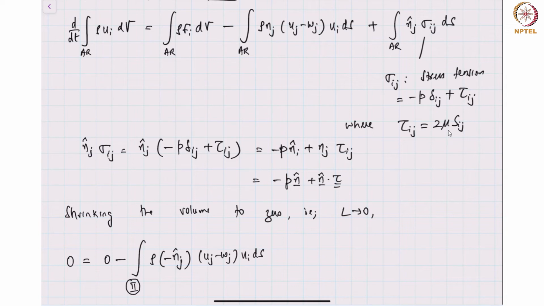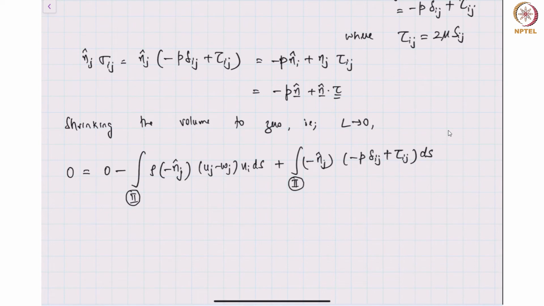That's the first term, the momentum flux. Then I have to write down the stress term. So I have plus the surface integral over the face facing region 2, I have minus nj times minus p delta ij plus tau ij. Now I'll write down over region 1.